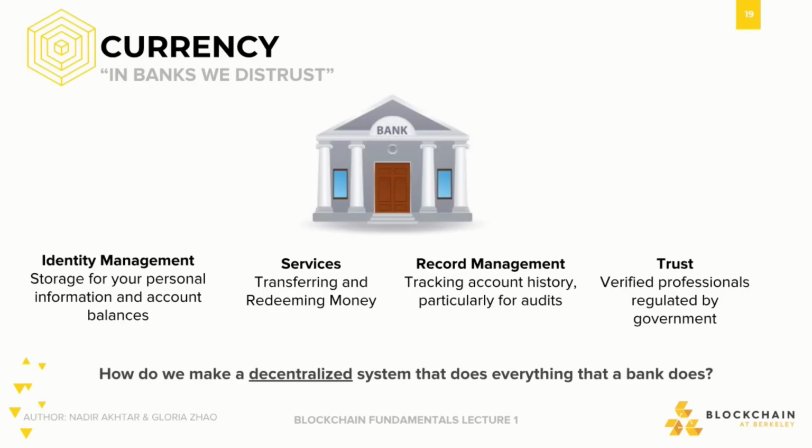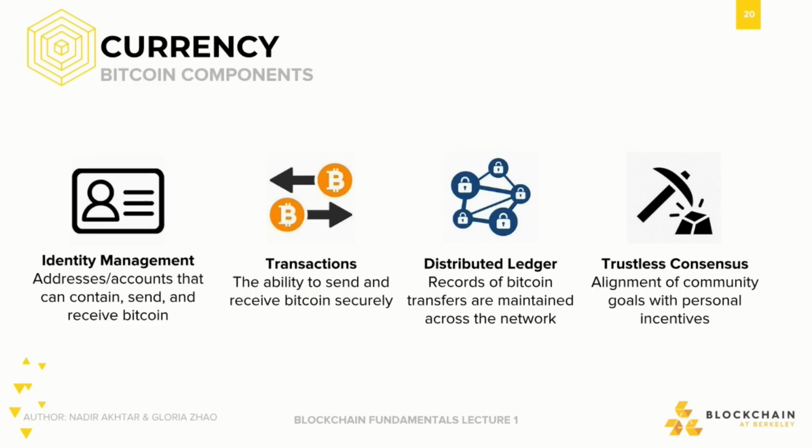Now, how do we do this in a decentralized manner? We can. That's the first thing. So in Bitcoin, it works a little differently. We still have identity management, but instead of registering our personal information, we use private and public keys and addresses. I'll go more into this in detail, obviously. We still have transactions. It's just that the structure of it is a little bit different.